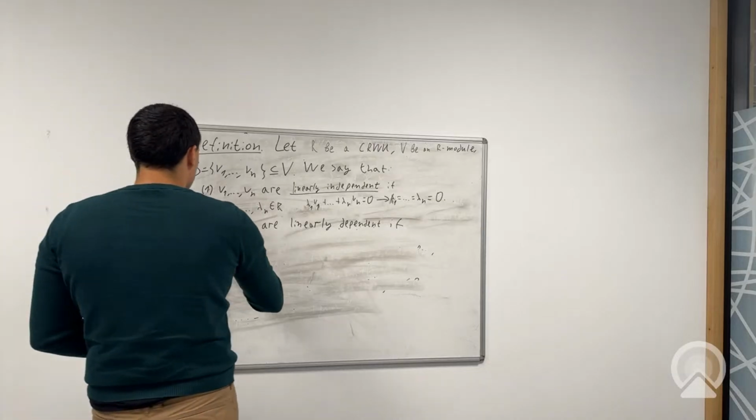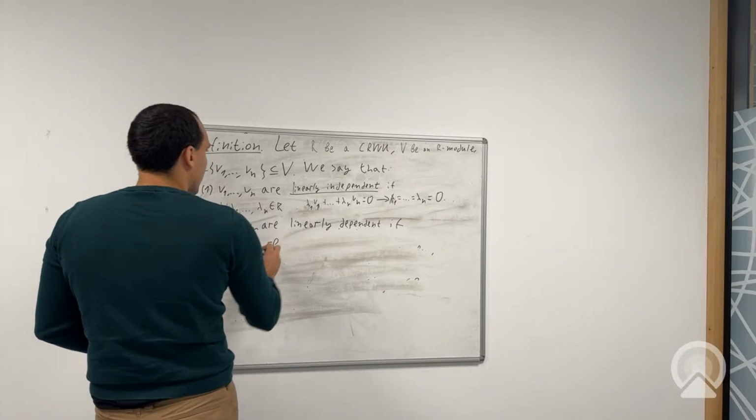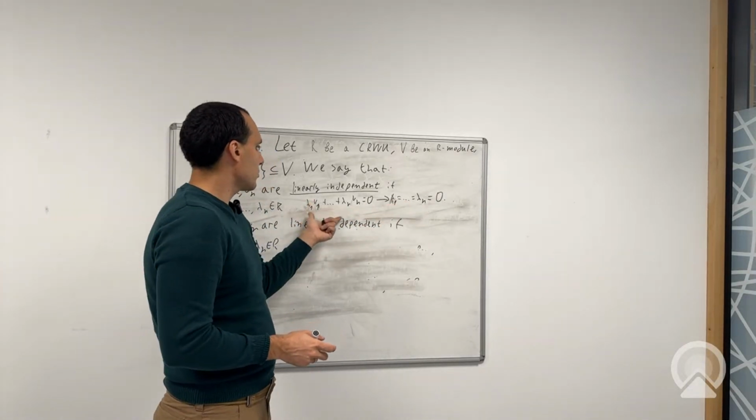So there exist lambda 1 to lambda n in R, and the negation of an implication is that the hypothesis is true and the conclusion is not true.